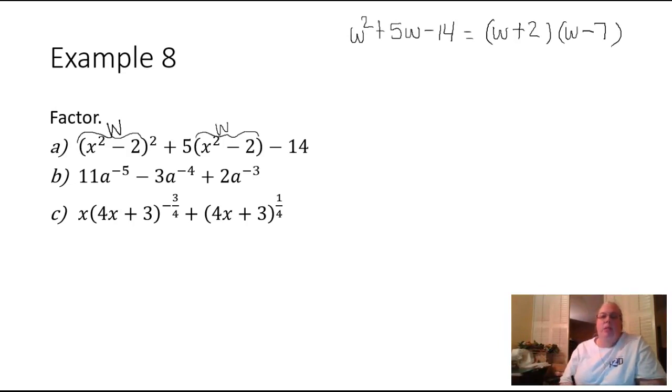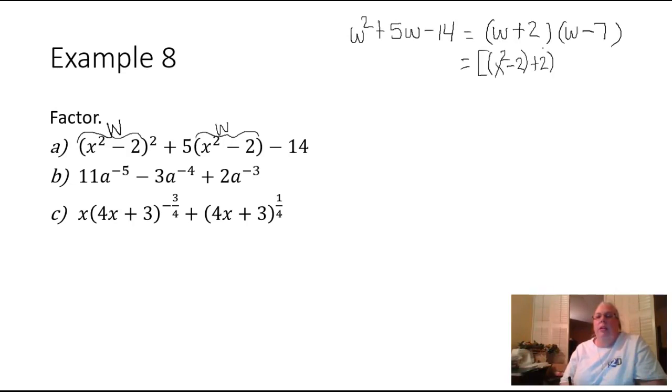We can't leave it like this because my original problem had x's in it and it did not have w's. So what I'm going to do next is take my w out, and put in what w was really equal to, and that was this parentheses right here. So this one's going to turn into x squared minus 2, and then plus that 2 right there.